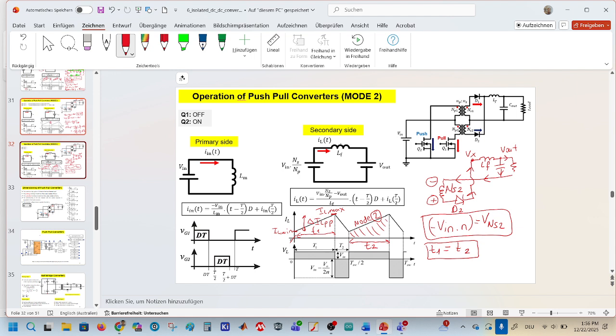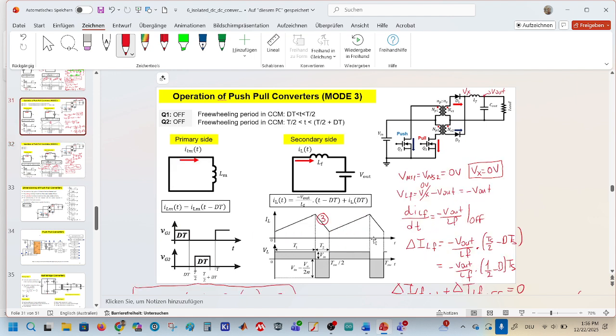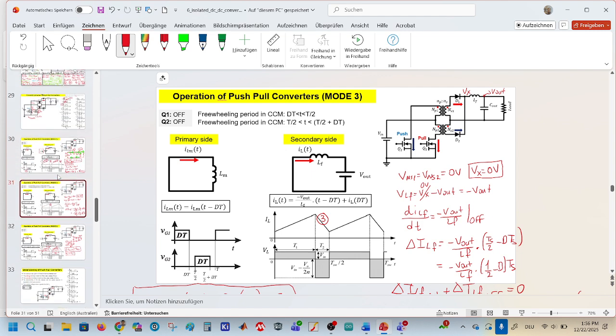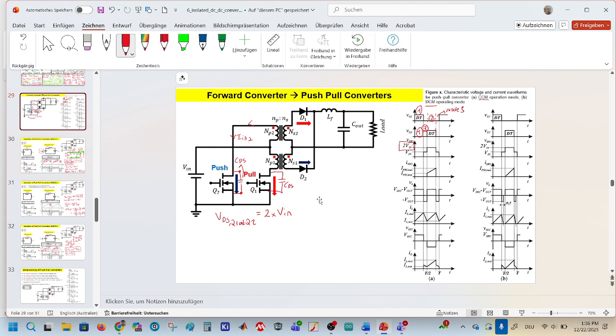We talked about here the mode 3 operation of the DC-DC converter. How is it possible that there is no current flow on the primary side here? Maybe we can try to understand what happens here.